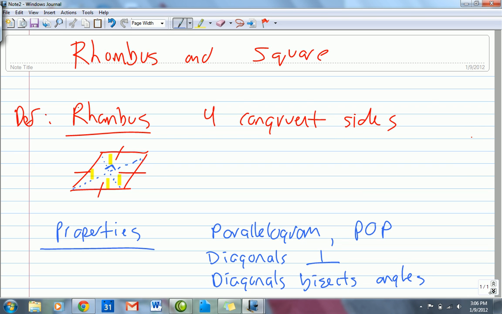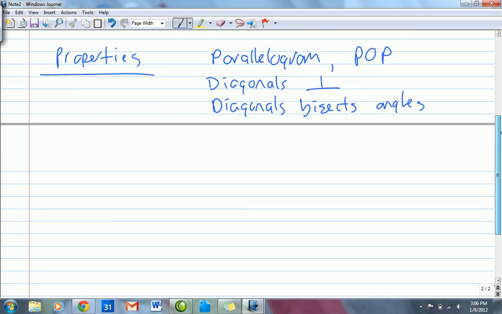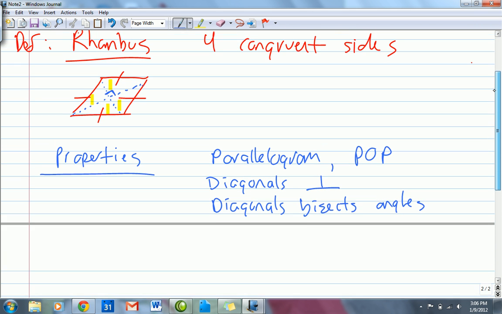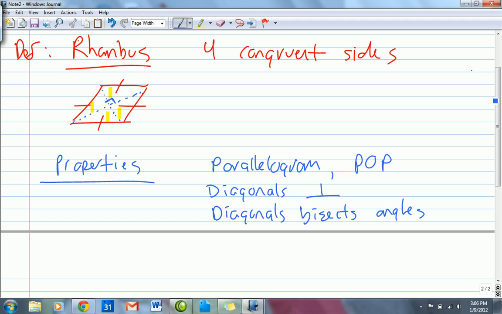So basically for a rhombus we have four congruent sides, by definition. Here is the definition, and only this, of a rhombus: a quadrilateral with four congruent sides. And by properties, we can show it's a parallelogram, which means that all the properties of a parallelogram are also upheld. We can show the diagonals are perpendicular, and that looks like this.